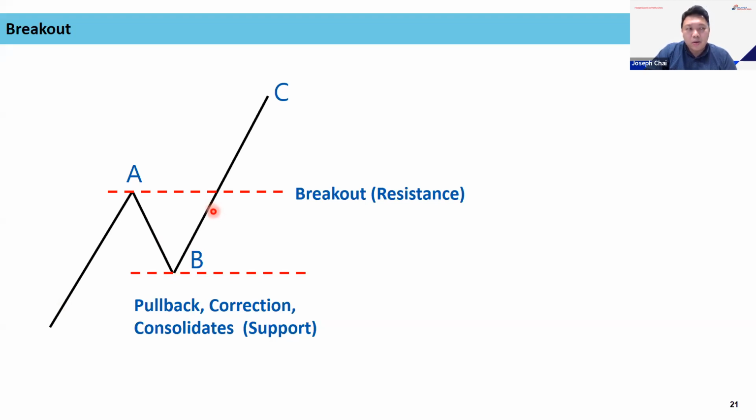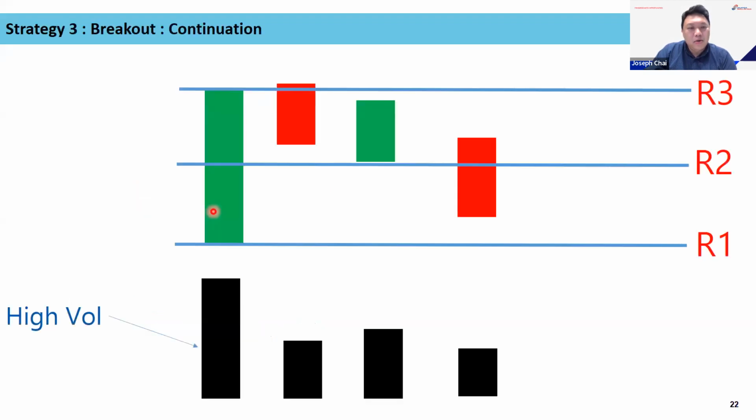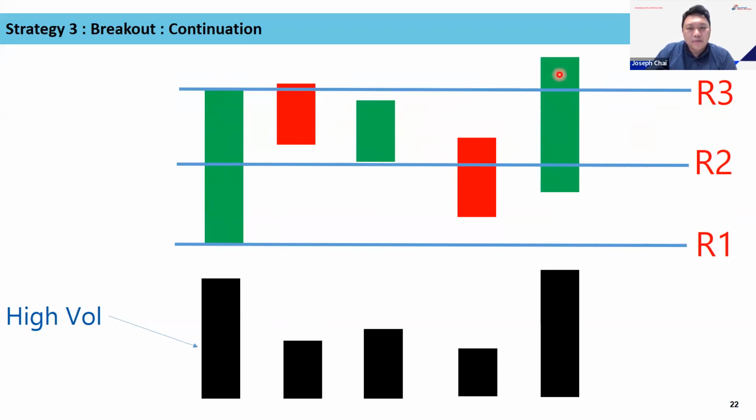You can also buy one lot, two lots, and three lots based on that candlestick pattern. This is the pattern: one bull candle, then a pullback, and then a breakout. That's pretty straightforward.